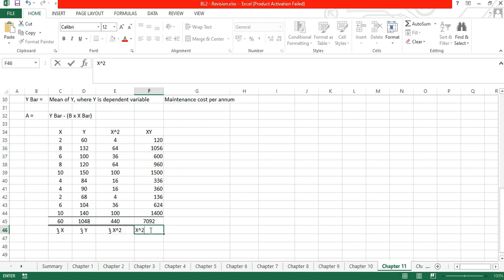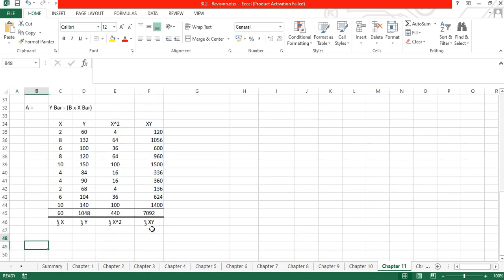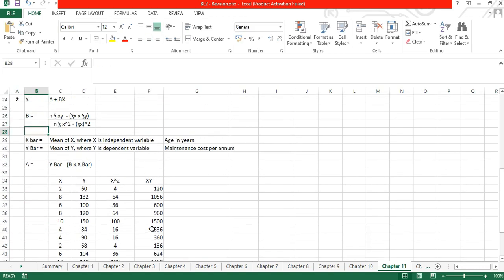And this is sigma xy. Now apply the formula. First of all, we have to find b. So b's formula is this.